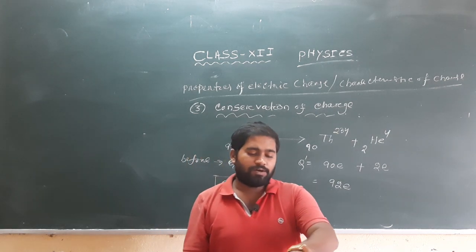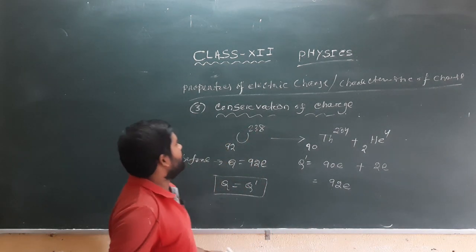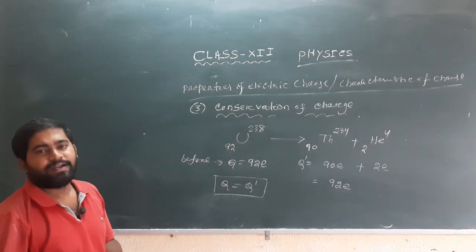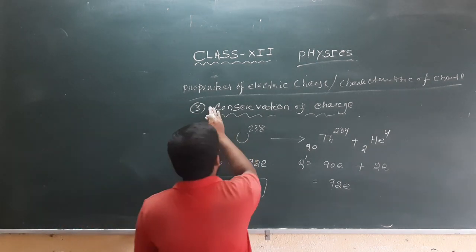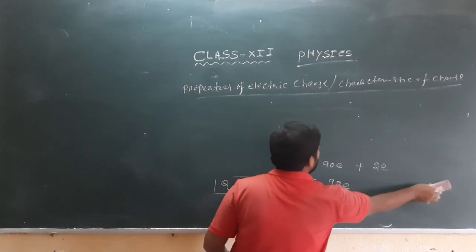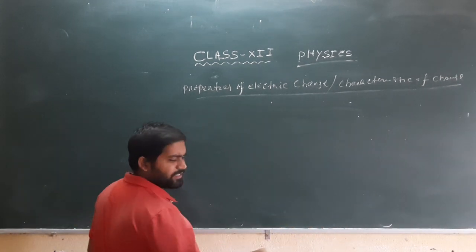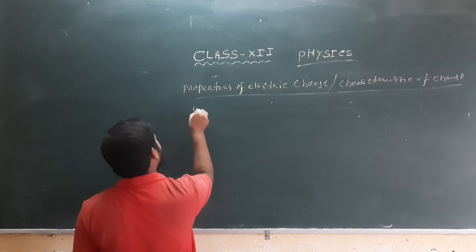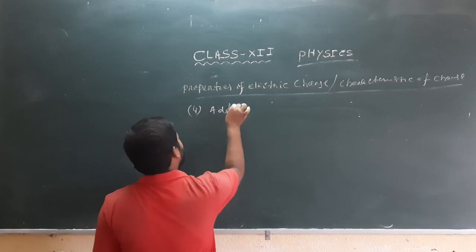Now another property is about the additive nature of charge. The fourth characteristic of electric charge is its additive nature.